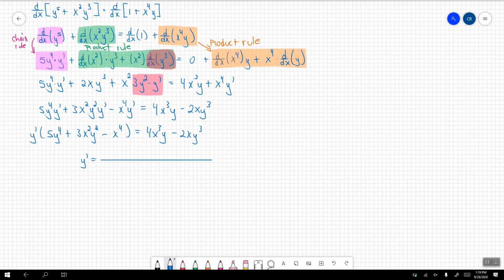So y prime is equal to 4x cubed times y minus 2xy cubed divided by 5y to the fourth plus 3x squared y squared minus x to the fourth. Look at that. Isn't that amazing? That looks great. Awesome.